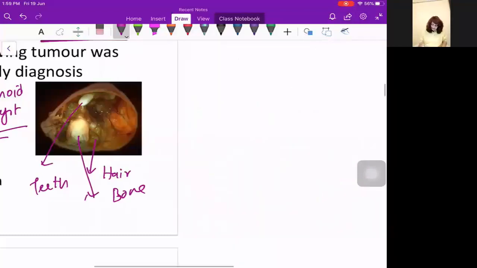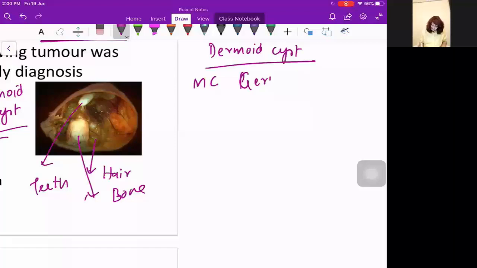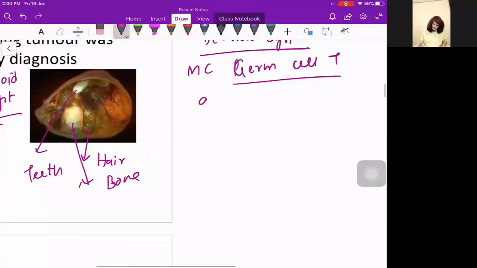A few points about dermoid cyst. Dermoid cyst is the most common germ cell tumor of the ovary. It accounts for 95% of all germ cell tumors.